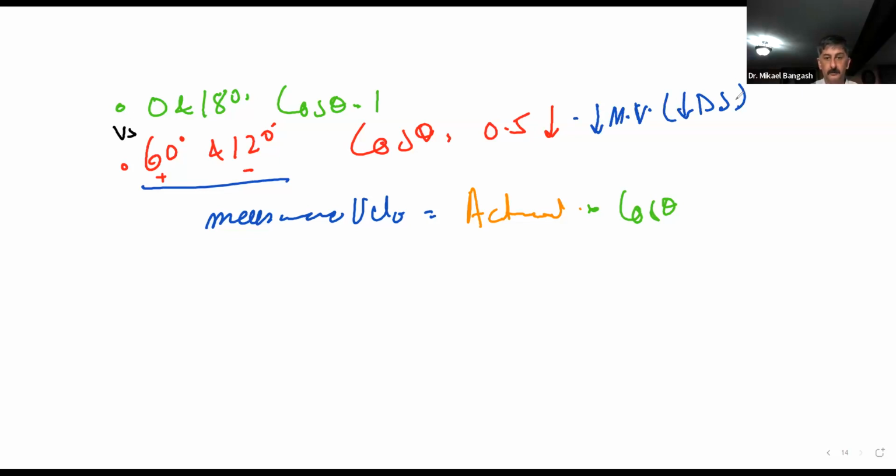Contrary to this one here, because of a greater cosine theta value, we will have a greater Doppler shift, or we say this Doppler shift is going to be equal to the actual velocity.